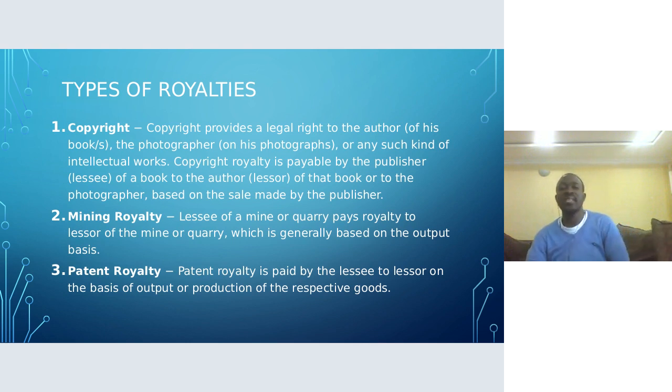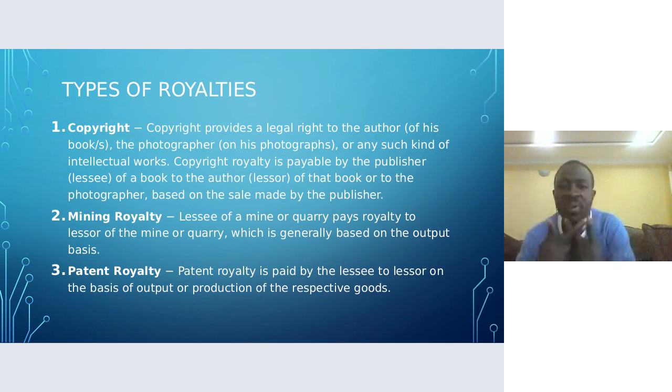Next, we look at the types of royalties. Now we have 3 types of royalties. The first type is the copyright. Now the copyright simply provides a legal right to the author, that may be of his book or books, maybe to the photographer, or any kind of intellectual work.